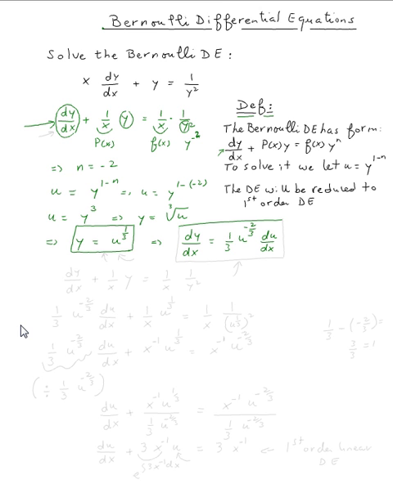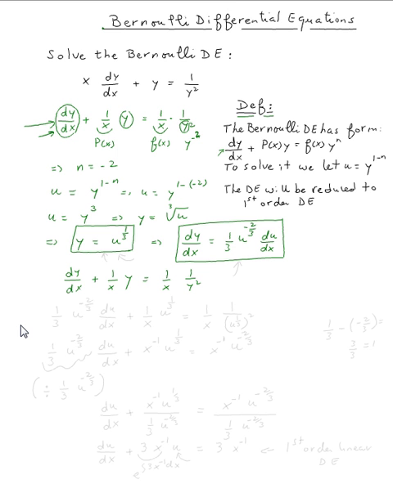Now these are the only two things we need. Once we plug them in, somehow the equation has to become a first order linear differential equation. So let me rewrite it: dy/dx plus 1 over x times y equals 1 over x times 1 over y squared.